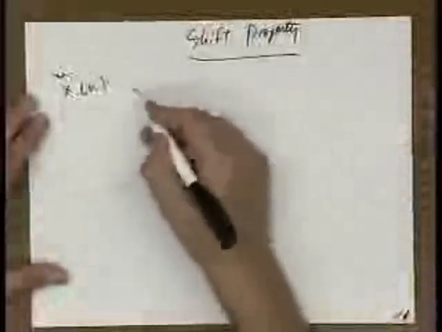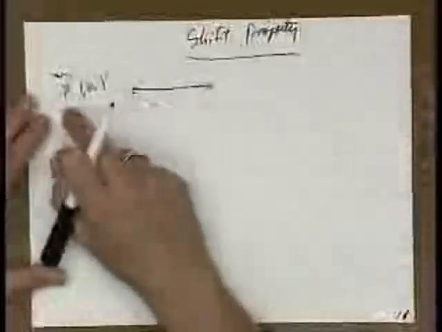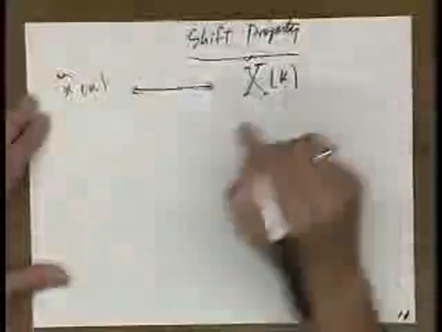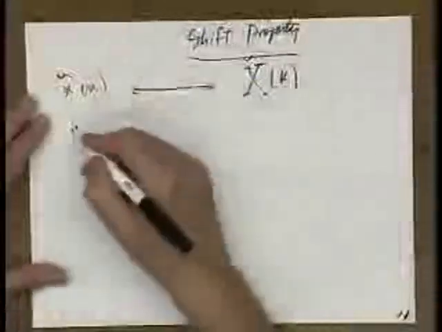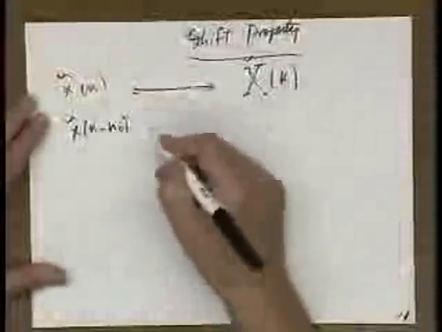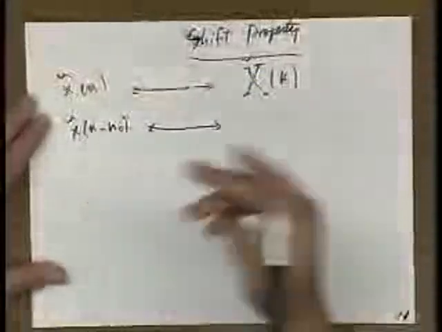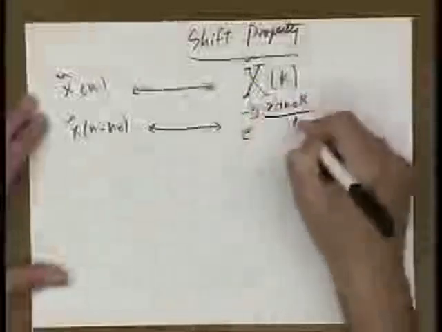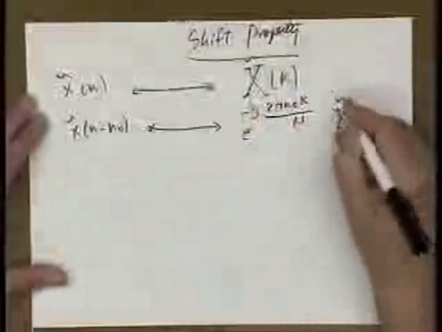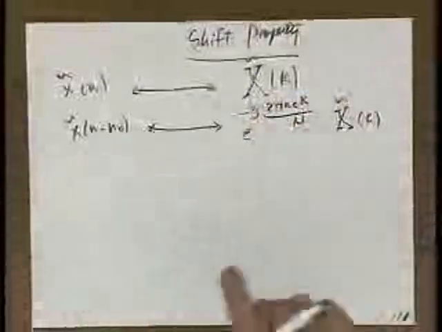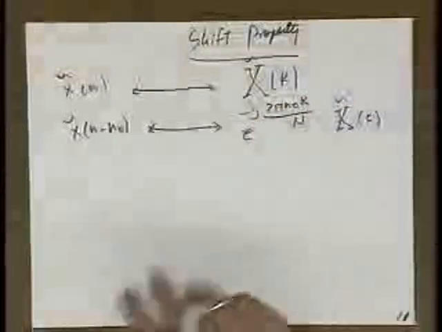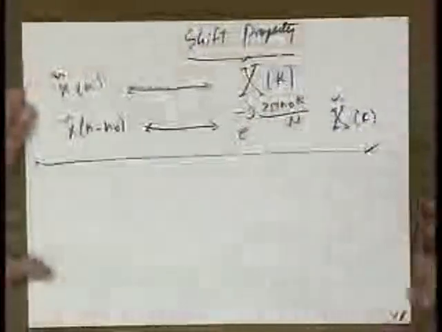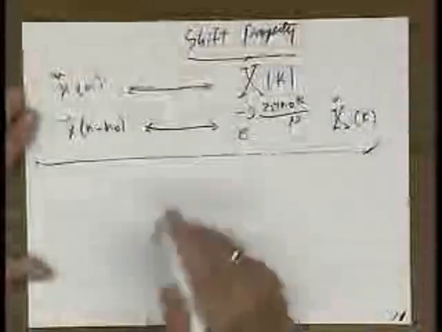If x tilde of n, which is a periodic sequence in the time domain with period N, has x tilde of k as its discrete Fourier series, how about x tilde of n minus n naught? It's going to be an exponential, e to the minus j 2 pi n naught k over N, times x tilde of k. Shifting corresponds to multiplication by an exponential. The proof follows just like all the other proofs we've done, so I won't go over it. Maybe, Dan, this is something you want to show in the recitation.